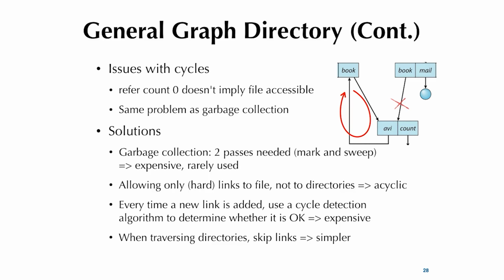Well, if you have a cycle, then reference count is probably not going to work very well. Why? Because suppose you have this cycle, and it's isolated from everybody else now. So after this edge got deleted, okay, now you have this cycle. And guess what? The reference count is not going to be 0 because book points to AVI, AVI points to book.